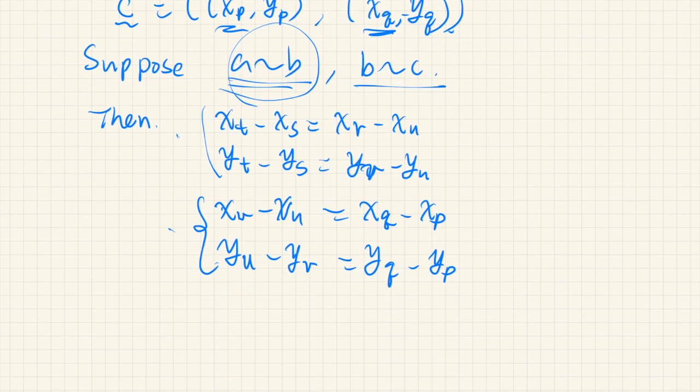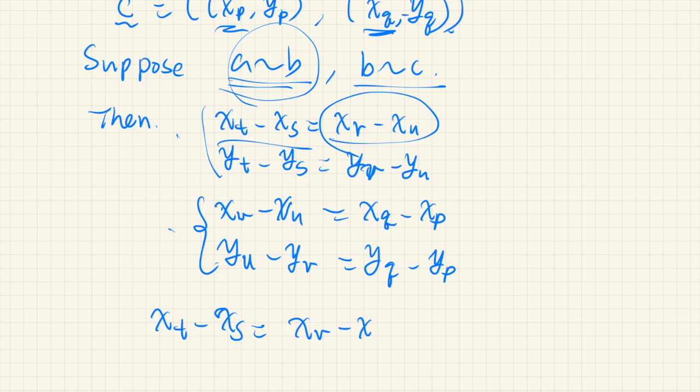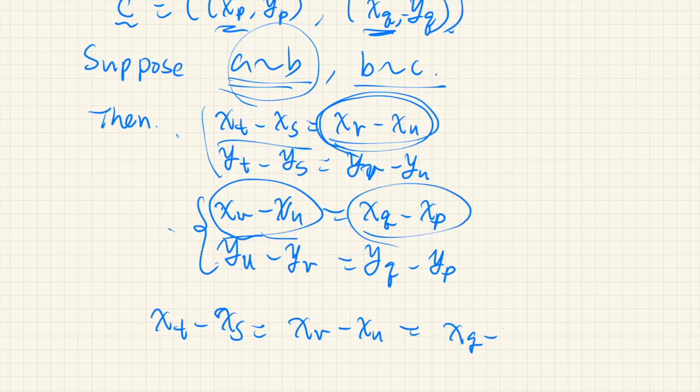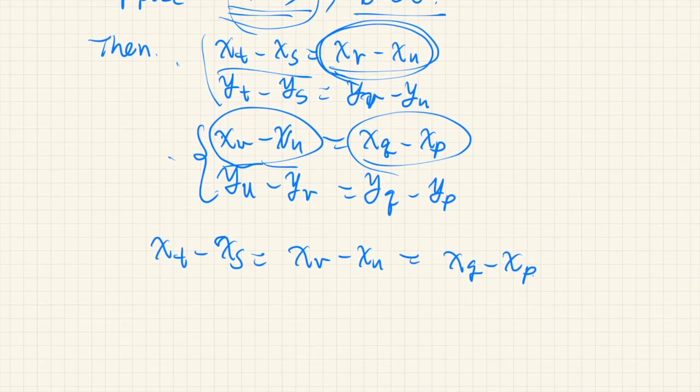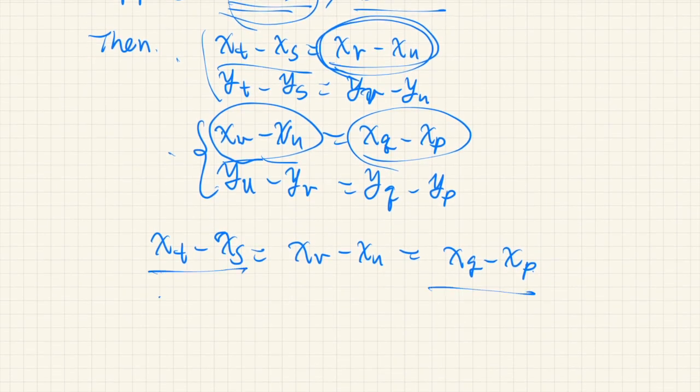Okay, now from these two, we need to show this. So xt minus xs is equal to this, xv minus xu, but this one is equal to this, but this one is equal to this. So this is equal to this, and similarly we can show that yt minus ys is equal to yq minus yp.